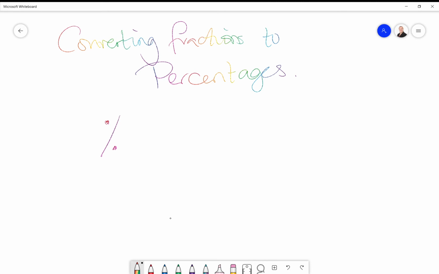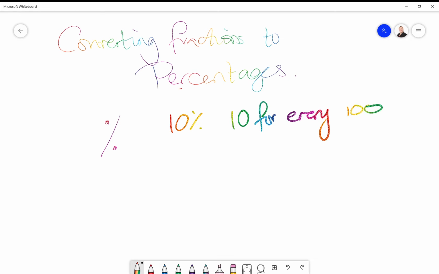Percentages, or percent, per means for every, okay, and cent means 100. Okay, so percent means for every 100. So if I said 10%, that means 10 for every 100.